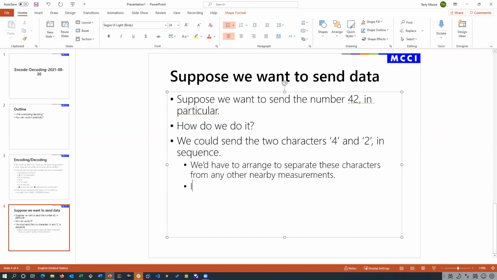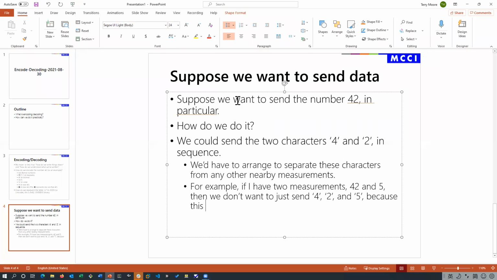So for example, if I wanted to send 42 as a measurement A and 5 as the measurement B, for example, right?